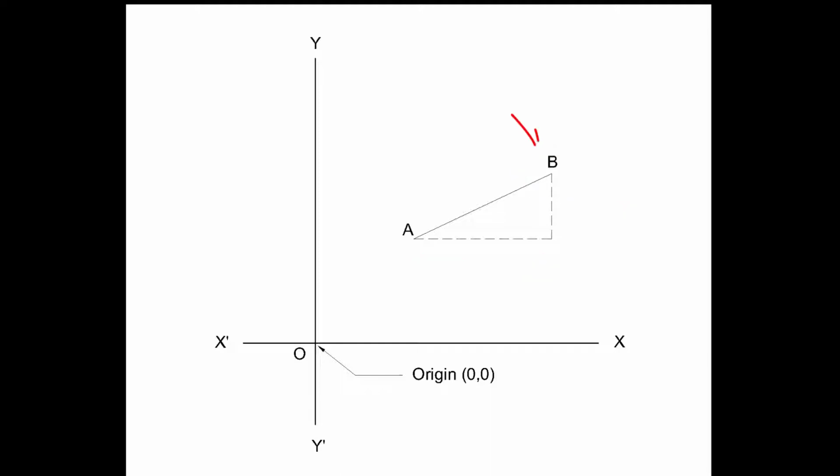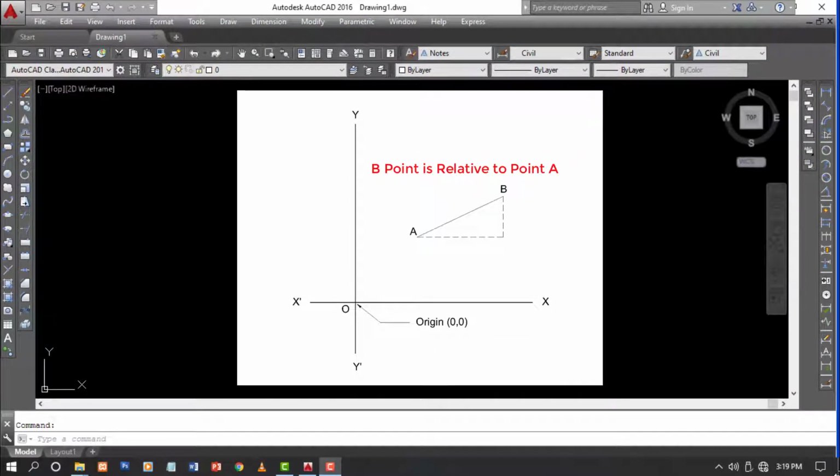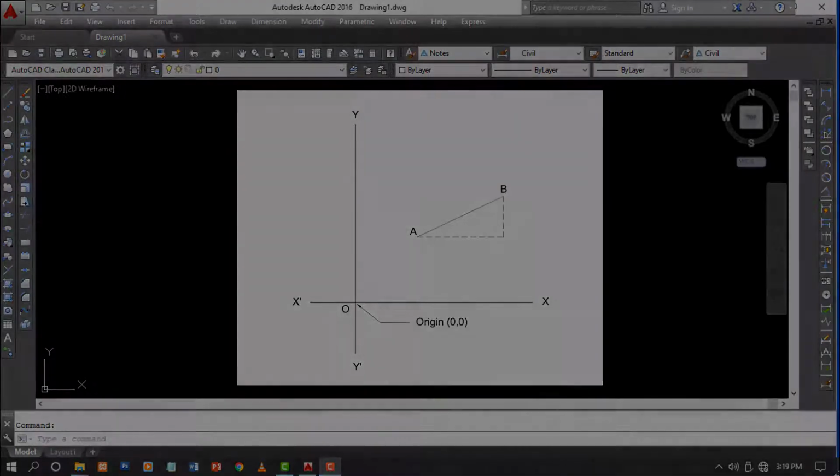To define this point in relative coordinate system, we have to put the @ symbol before the distance of y and x. So when we use the @ symbol before any point, it indicates that this point is relative to the previous point. Now let me explain the polar coordinate system.